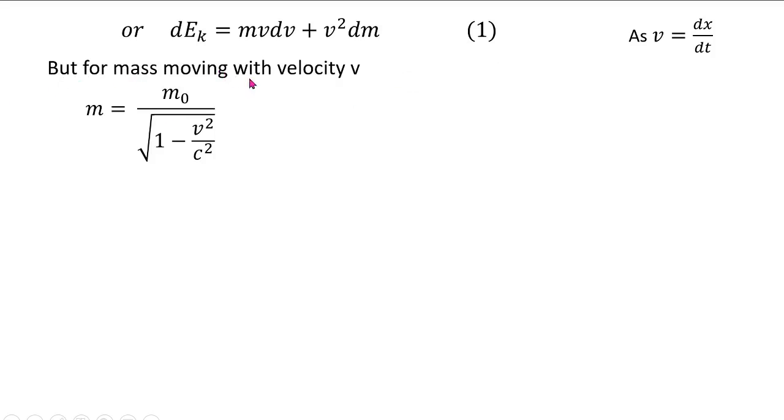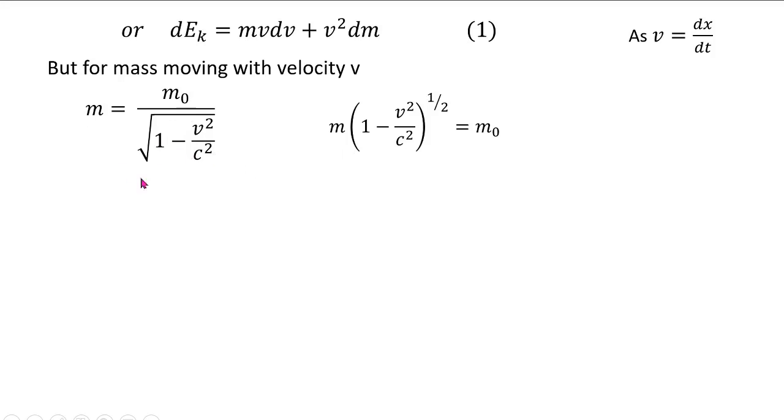For mass moving with velocity, the relativistic mass, in the previous lecture we derived this equation. Relativistic mass is equal to the rest mass upon square root of 1 minus v square upon c square. This is the variation of mass with velocity relation. M is equal to m0 upon square root of 1 minus v square upon c square. This equation may be written like this.